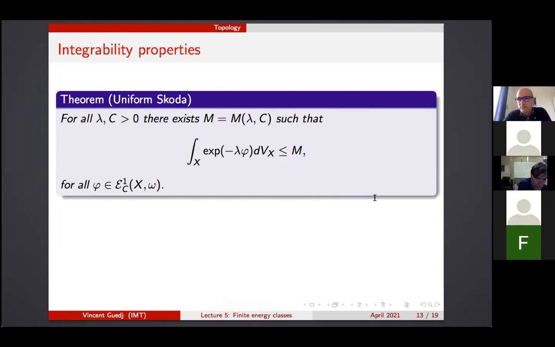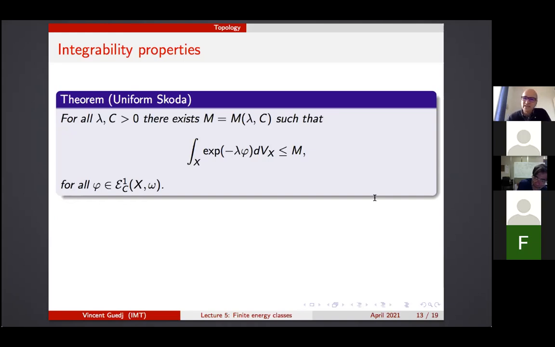E1C is compact, and secondly, any function in E1C has zero Lelong number. So this is precisely the type of hypothesis I was needing last week in lecture 2 in order to get a uniform Skoda type result.